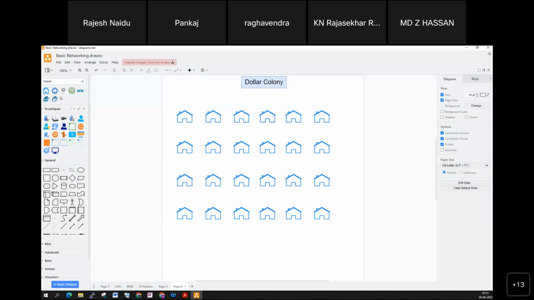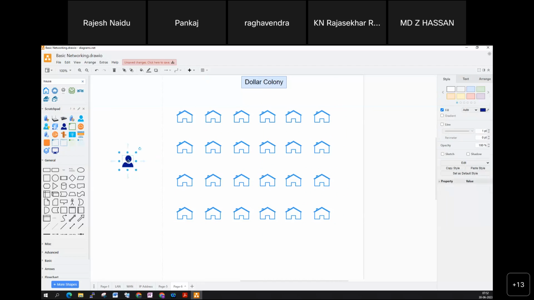So one postman has come and needs to deliver some parcel. How will this person identify an exact house in this Dollar Colony? There should be some numbering or address, like a house number.